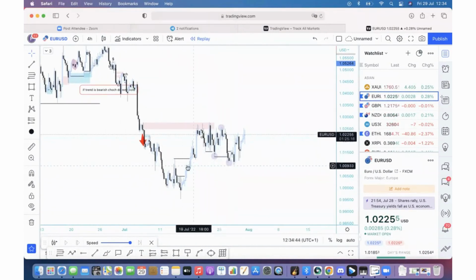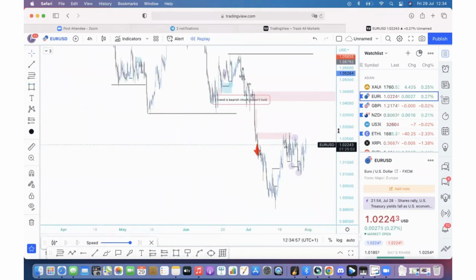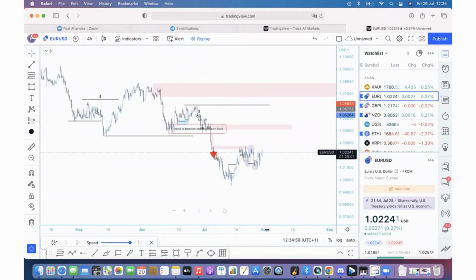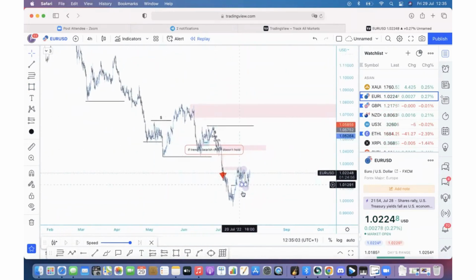Here we retraced to the downside after creating this major 4-hour change of character, and we might still take this external liquidity, fill this imbalance, reach this supply, and then maybe continue to the downside. Of course, we are in a bearish trend, totally.